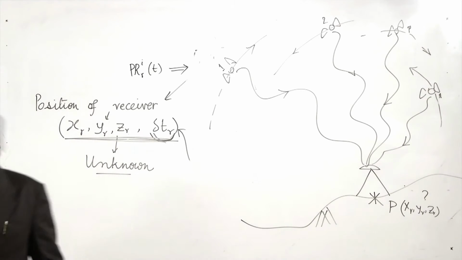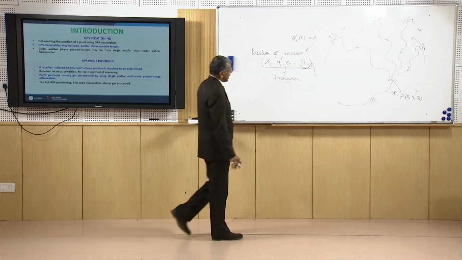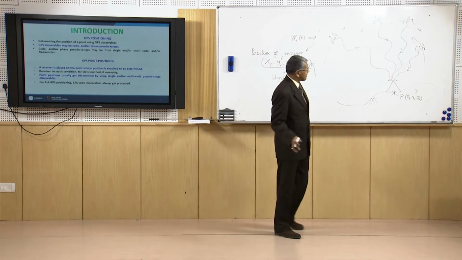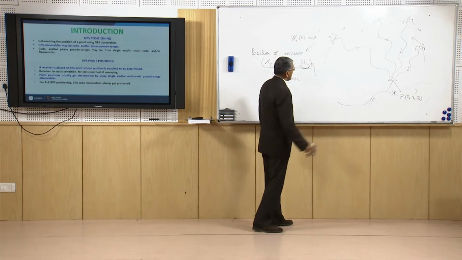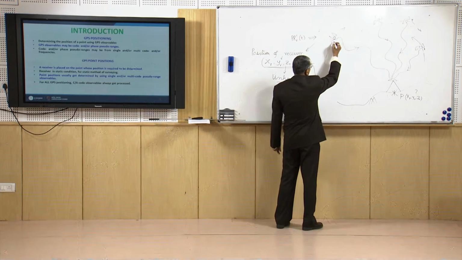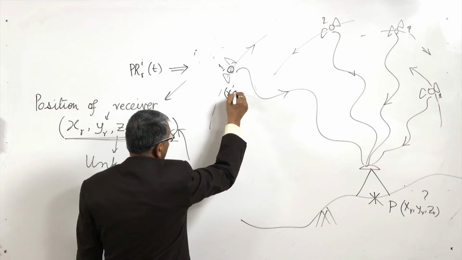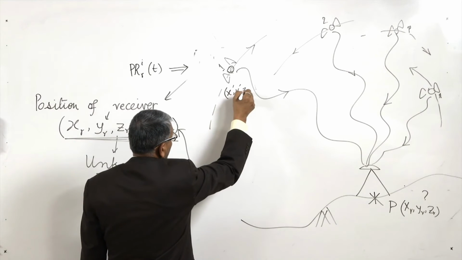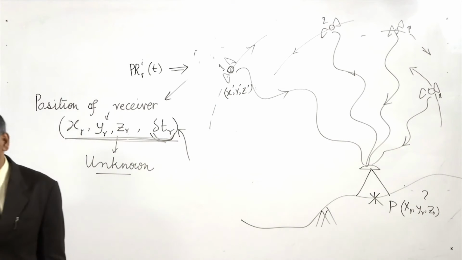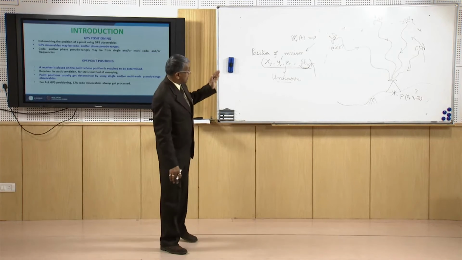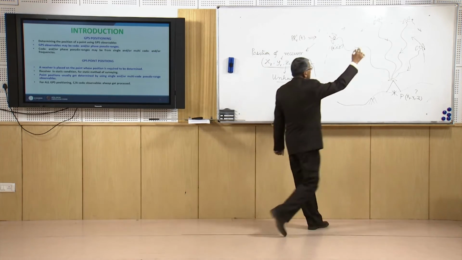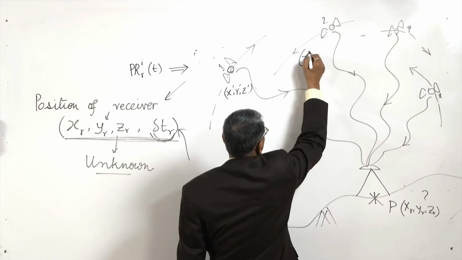Now, as I have already told in this class, each of these satellites will have some coordinates or location, and these coordinates will be available from the navigational data.